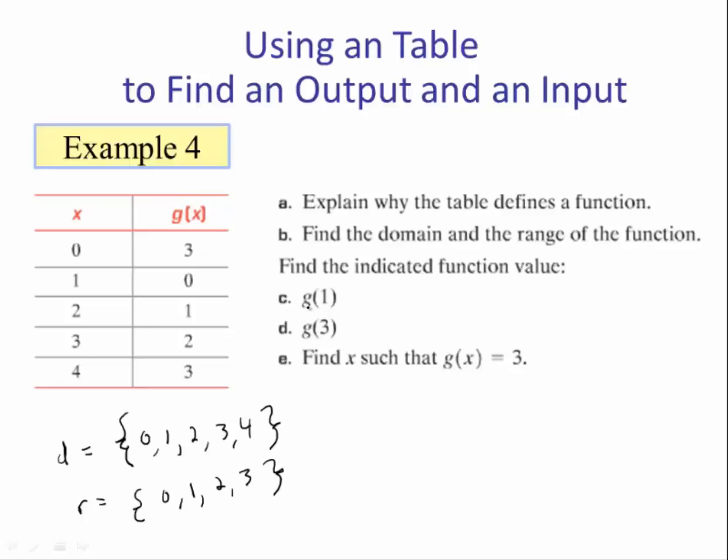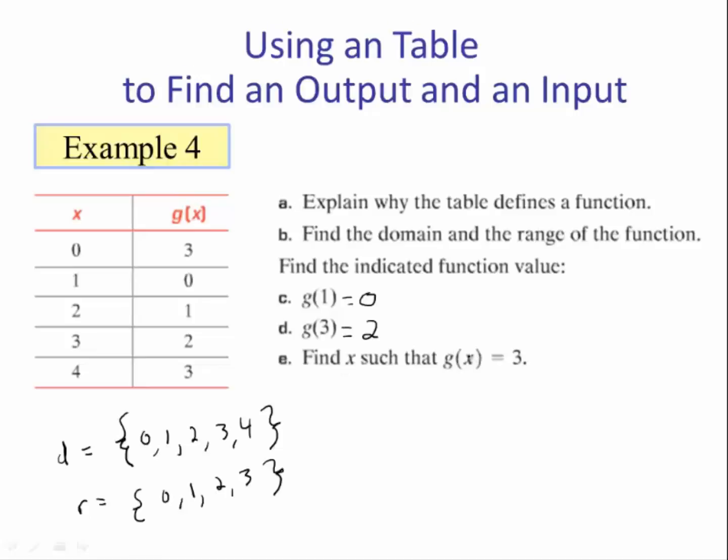C, what is g of 1? What this means is when x is 1, what is the value of g of x? And that is 0. D, g of 3. When x is 3, what is the value of our dependent variable? That is 2. In part E, find an x such that g of x equals 3.